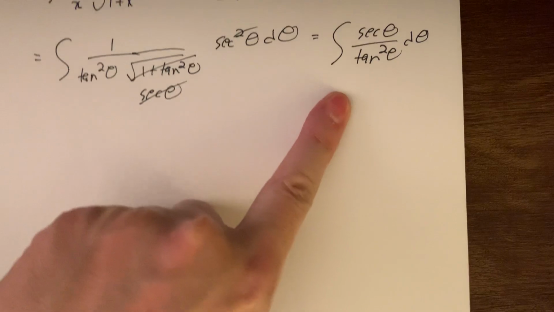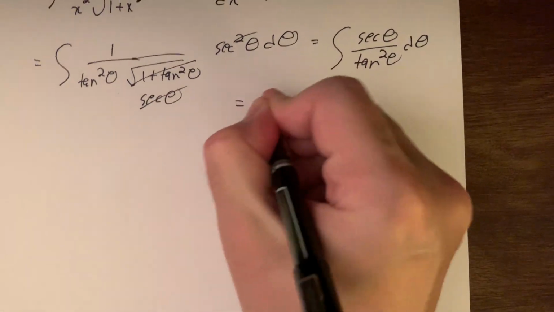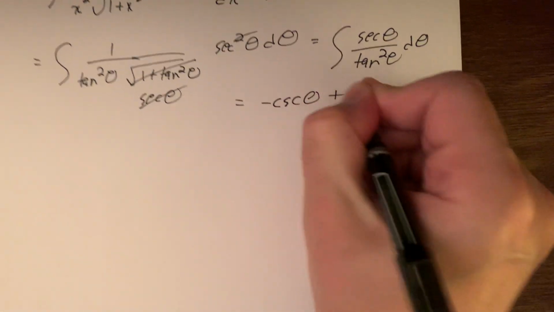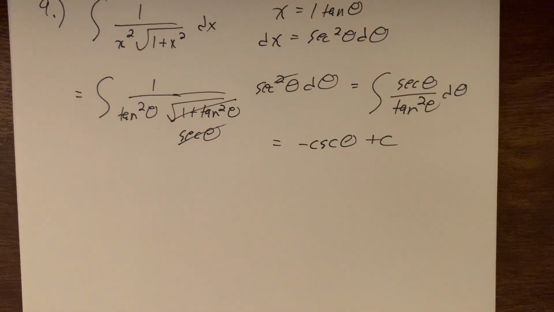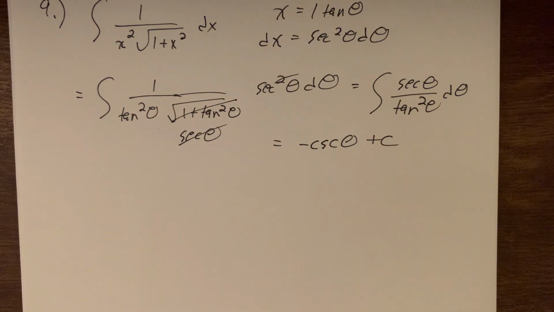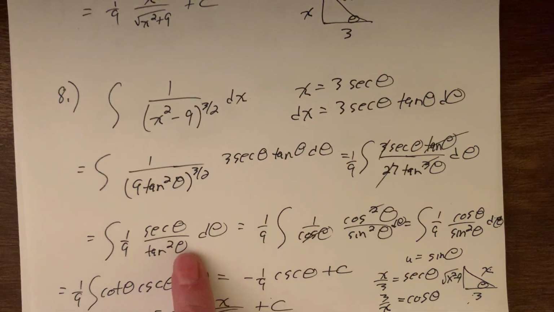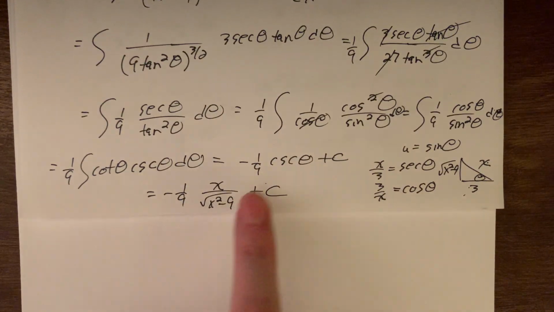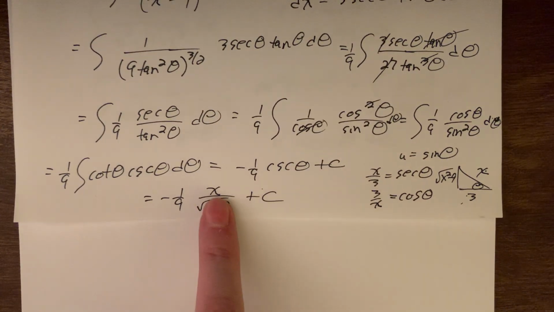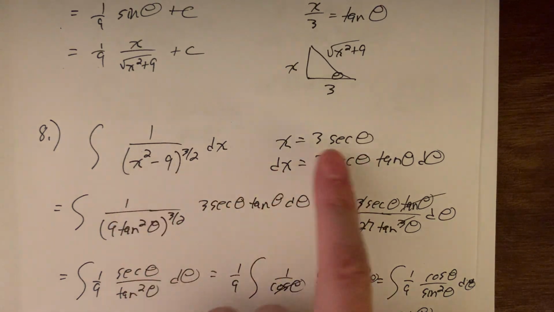Same thing right here. So I'm going to jump to that, negative cosecant theta. There wasn't even any extra numbers out in front. But back substituting, very, very different. Because here in number 8, just because we ended up with this inside the integral, the back substitution at the end will be completely different because of the motivation at the beginning.